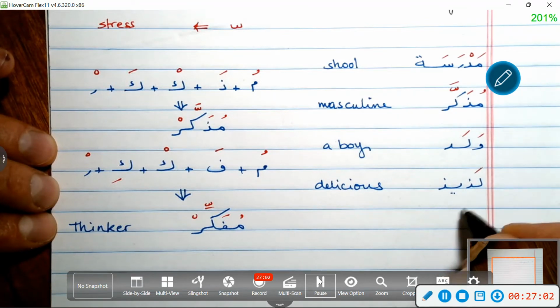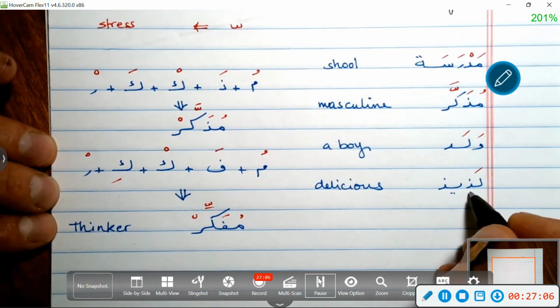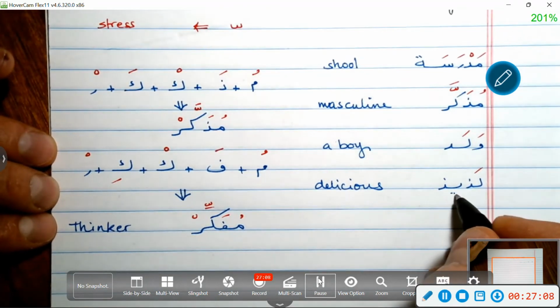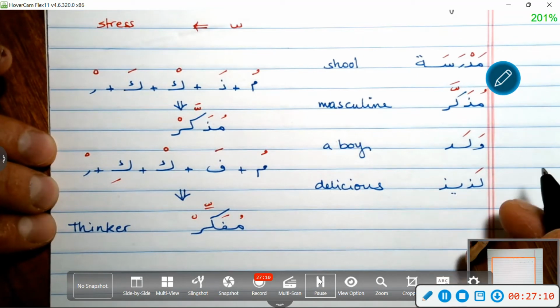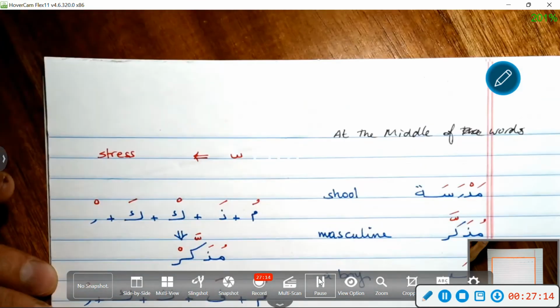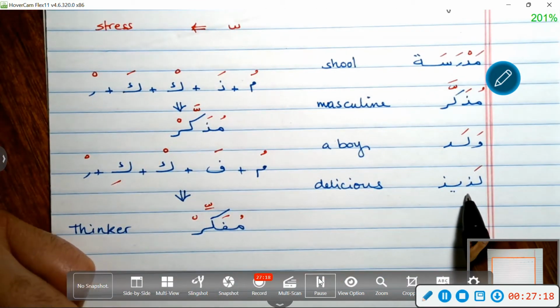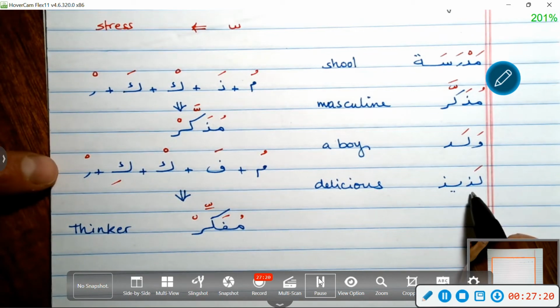Now we don't need to put haraka over the dal because there is ya after it, and it's going to be ladid. Now we said ladid, we didn't put haraka over the dal, because it's obvious, it's going to take the ya.